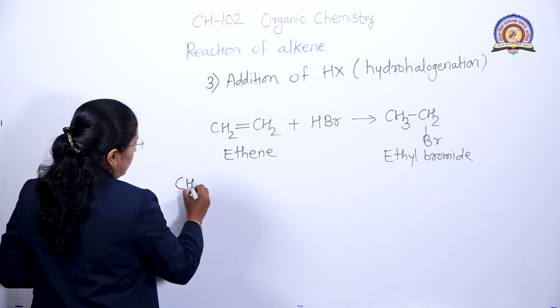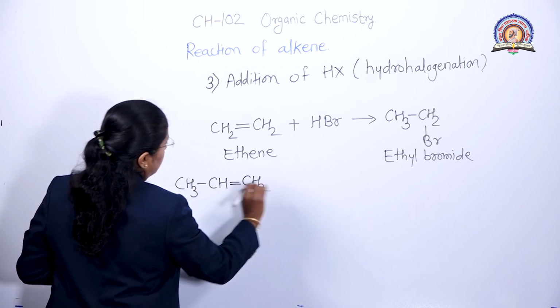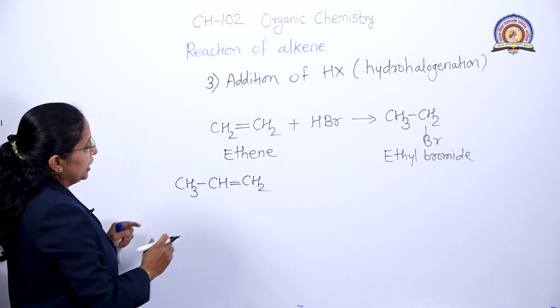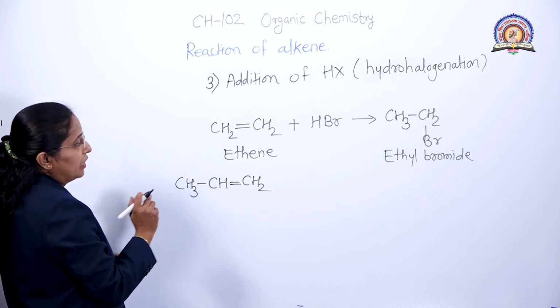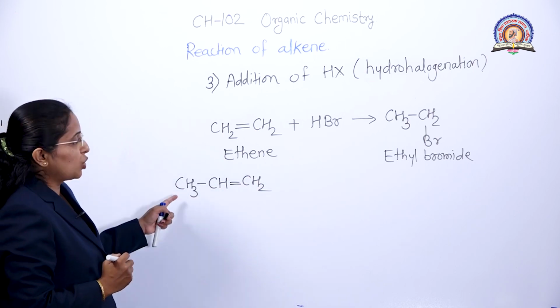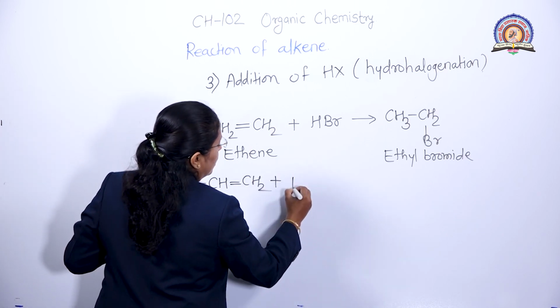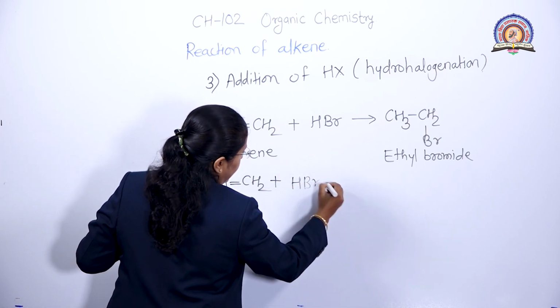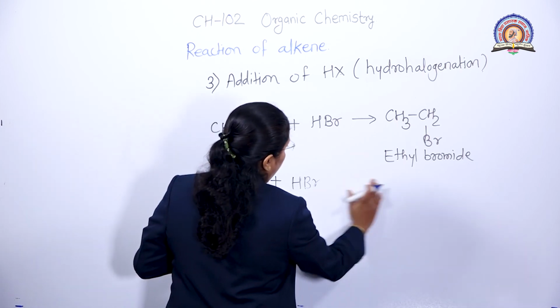Then we see the unsymmetrical alkene. This is propene. So in this case, to this carbon one hydrogen and one methyl group is there, while to this carbon only two hydrogens are there. That's why it is called an unsymmetrical alkene. In this reaction, when HBr is added, we get two products.